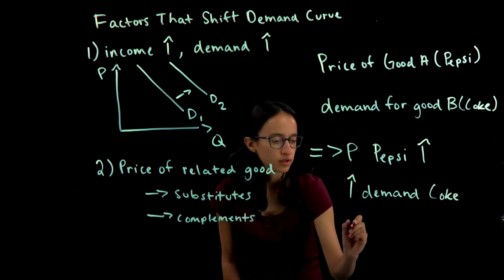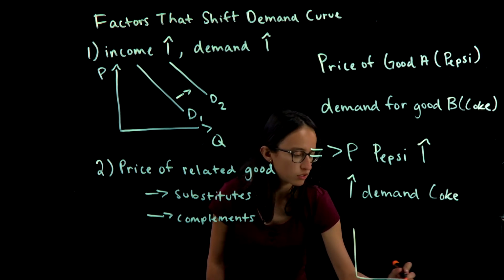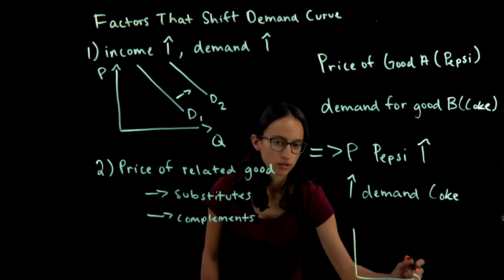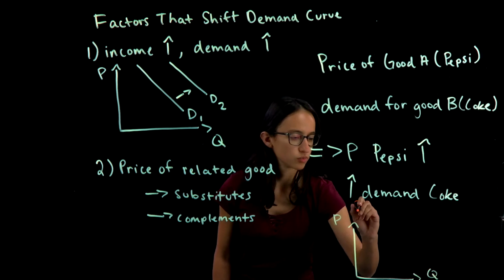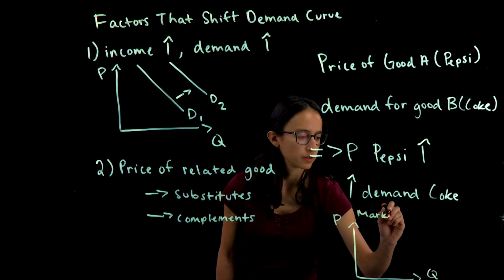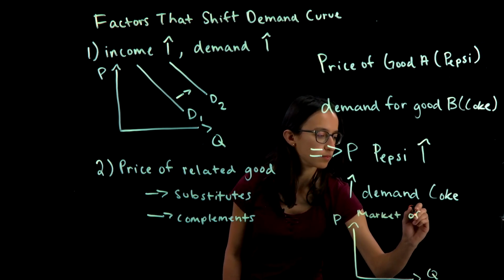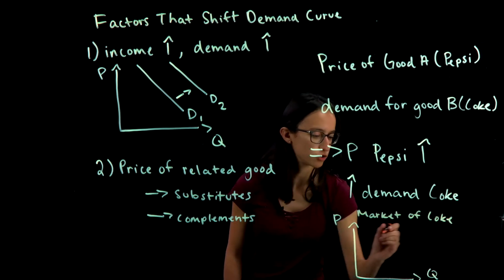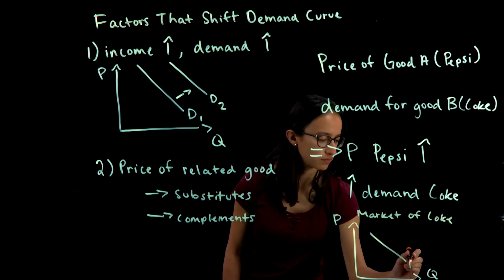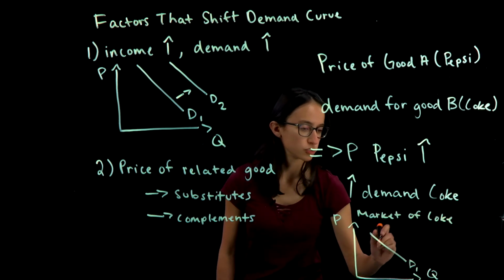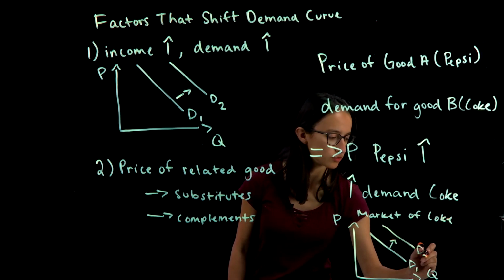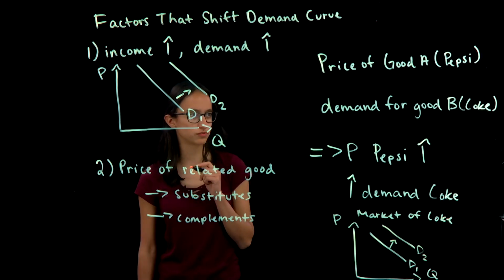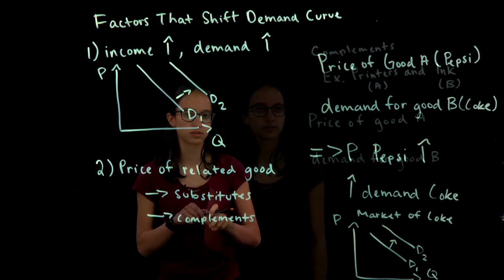And you can draw this on our market of Coke. We draw our demand curve, and to show an increase, demand would go from demand 1 to demand 2 for our substitute goods.